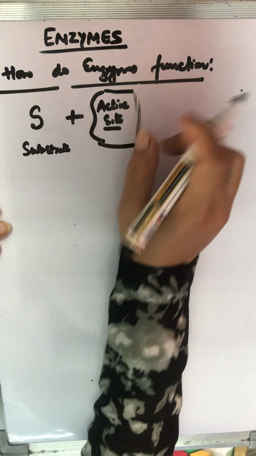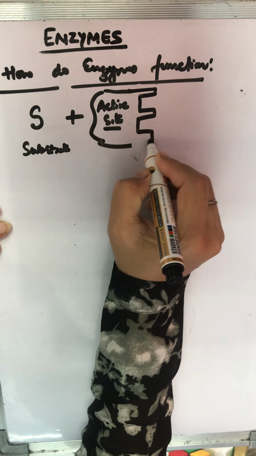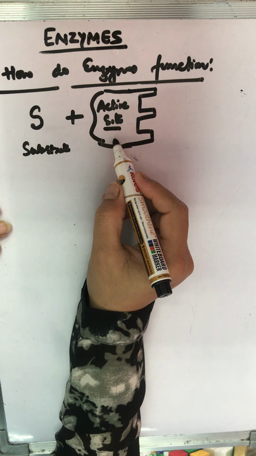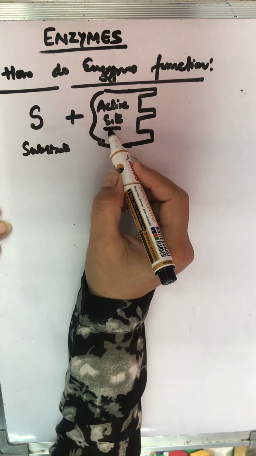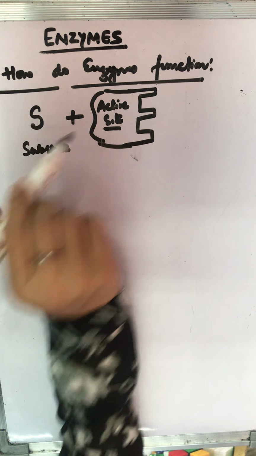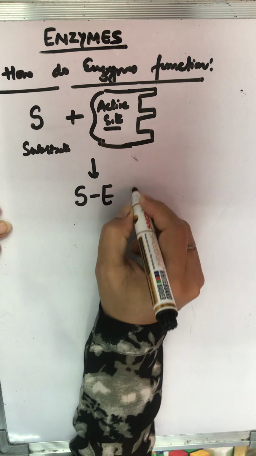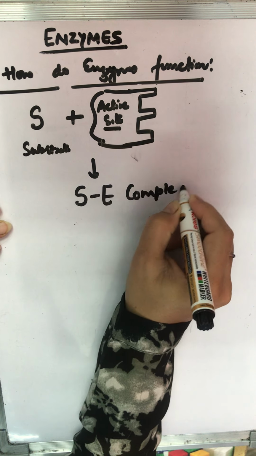Obviously this is an enzyme, I'll write it as E. This is the active site of the enzyme to which the substrate binds. It diffuses into it and forms an enzyme-substrate complex.